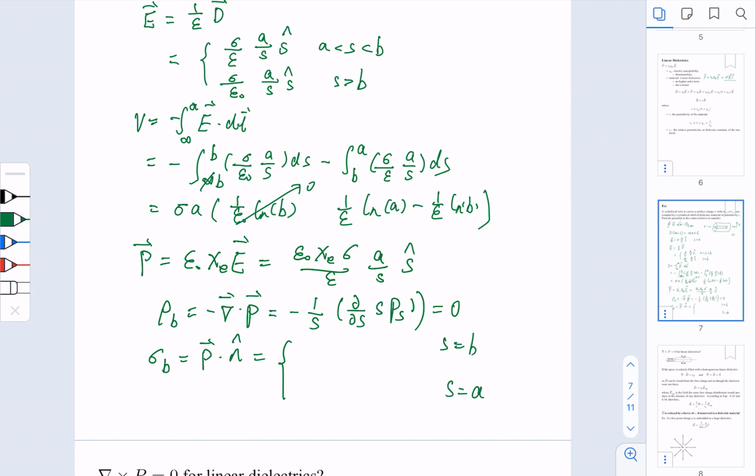You simply evaluate P dot n at these two places. For the outer shell, you replace s by b. For the inner shell, if you replace s by a, the term over here cancels, so it's only one term.